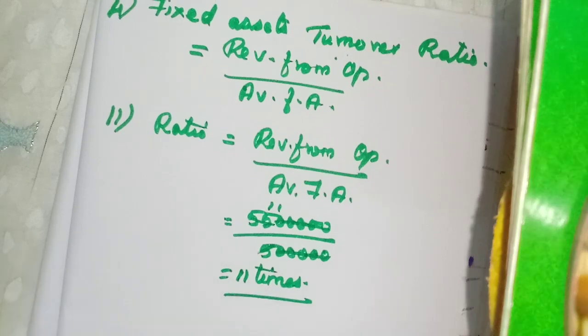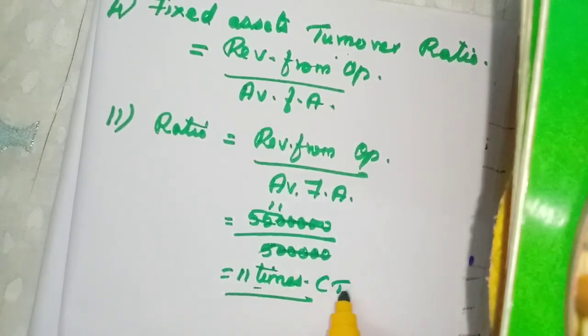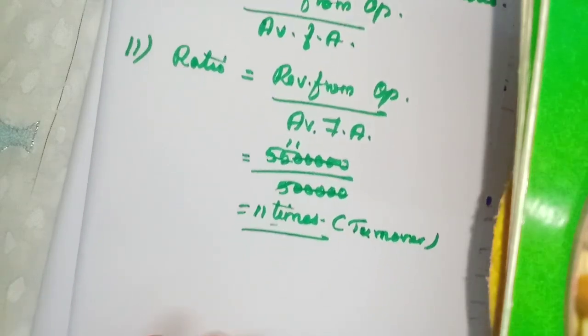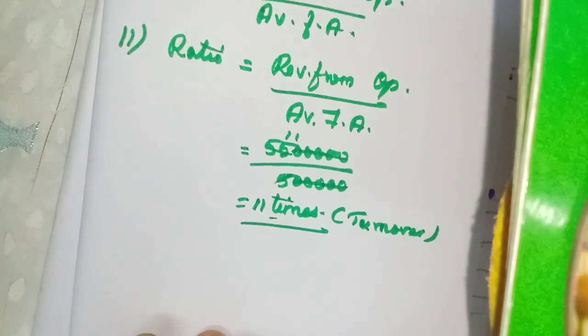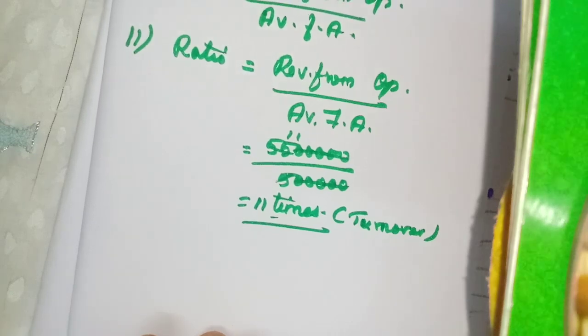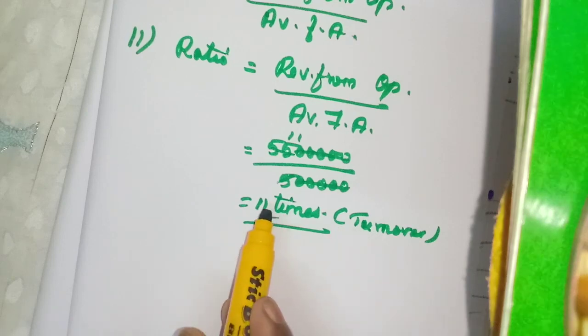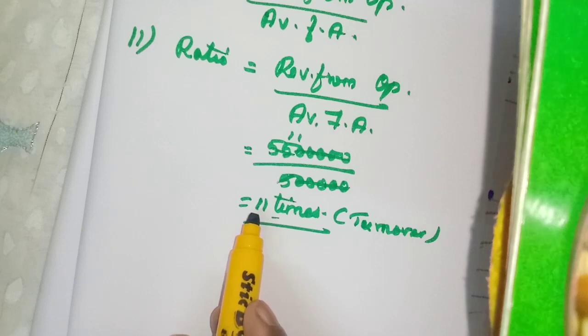They may ask for 1 mark: which ratios will be calculated in times? The turnover ratios. Turnover, T, that you have to remember. The first two ratios, liquidity ratios and long-term solvency ratios, are in proportion or ratio form, a mathematical expression, not in percentage.